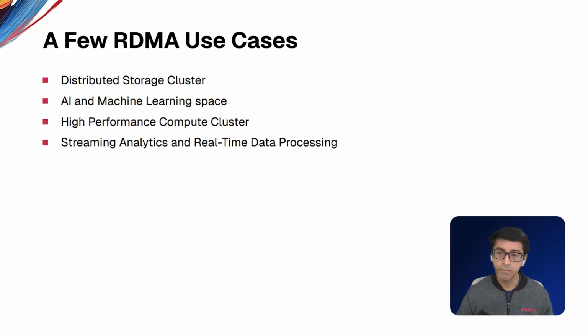And on the high performance compute cluster, it's mostly about ultra low latency information that can be transferred across the nodes to meet application needs. Another sphere is streaming analytics and real-time data processing. This is a classic use case on a Spark cluster, for instance, where you have a lot of data shuffling needed across multiple nodes, as well as when you want to persist and retrieve information from the S3 APIs that MinIO supports.